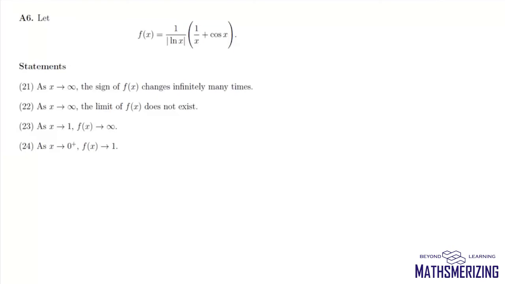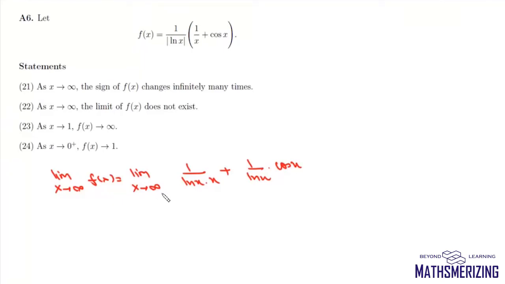Now for the sixth question, we are given this function f(x) as 1 upon mod log x into 1 by x plus cos x. Now we can take this limit x tends to infinity f(x). When x is positive, mod log x is simply log x, so it will be 1 upon log x into x plus 1 upon log x into cos x.